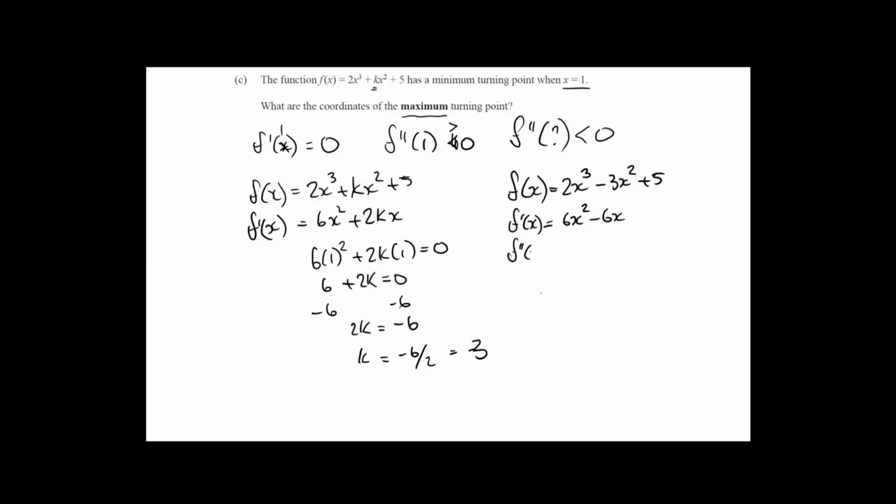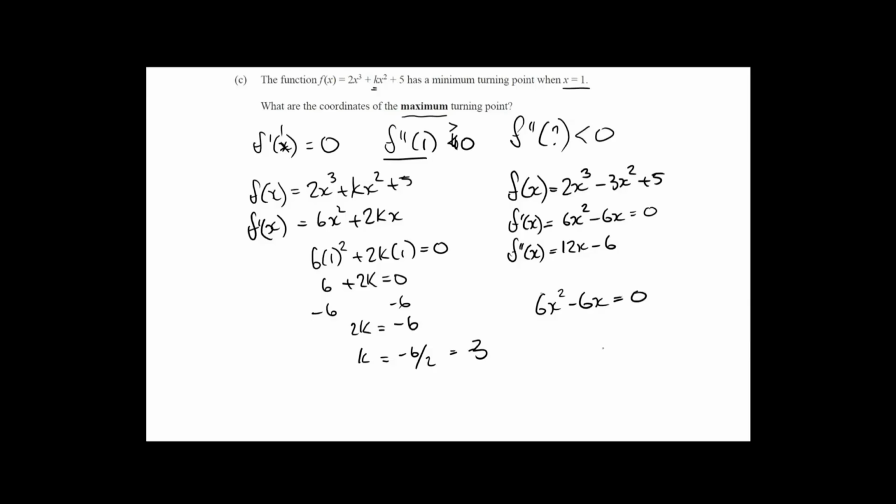And then to prove that it is a maximum or a minimum, we're going to differentiate it again. So it's going to be 12x minus 6. So what we're going to do is set this equal to 0 and then solve. We already know that one of these solutions is going to be 1, but let's do it anyway.